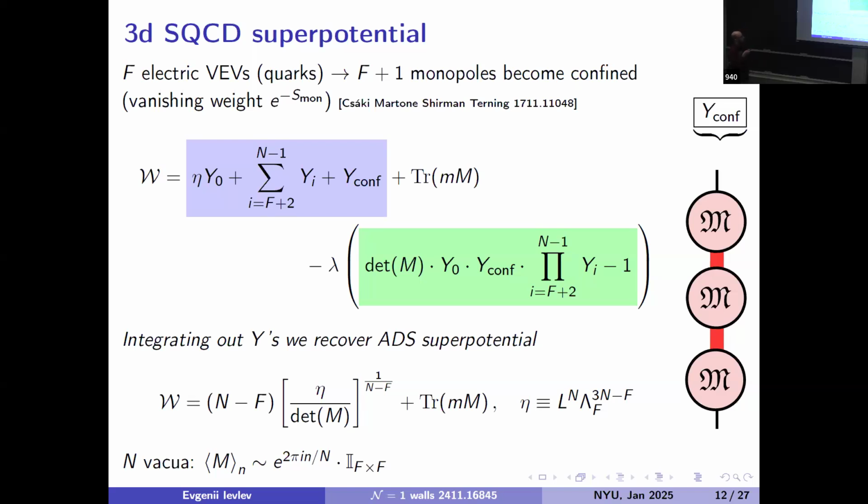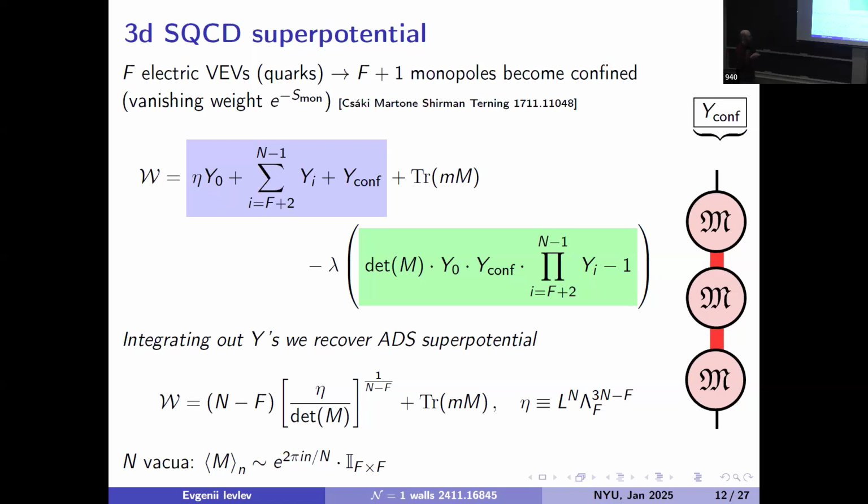So it turns out if you introduce F flavors of quarks, then F plus 1 monopoles become confined, and these monopole moduli, which were sort of free variables, now become chains of F plus 1 monopoles, and they act as a single monopole variable.